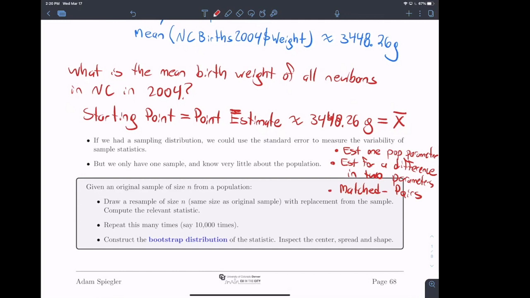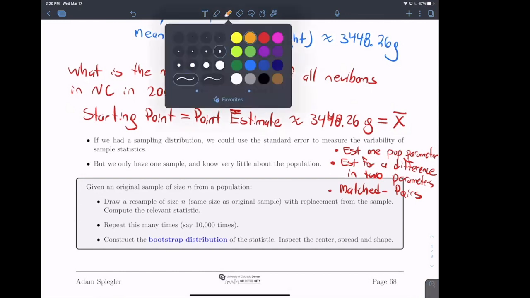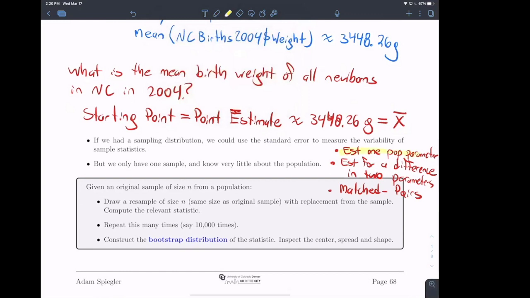So when we're dealing, which is what this first one is asking, with one population parameter, then that means we just have one sample, right? Like all 1,000 some odd babies that we have in this sample. So we have one sample, it has size n, and we're just going to draw from that original sample with replacement.